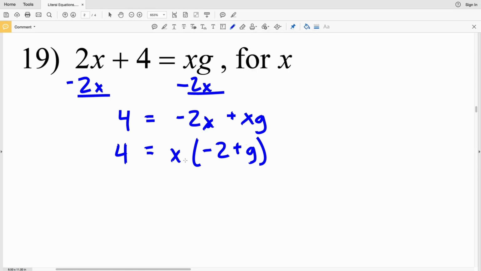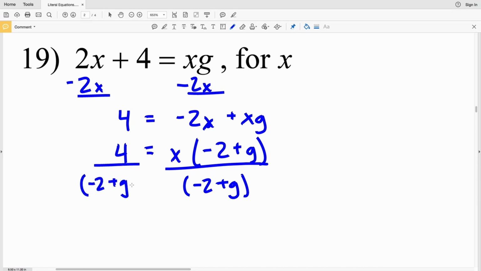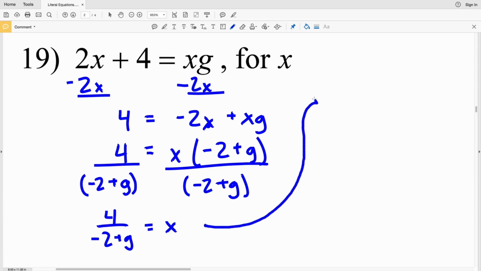Now remember, we're isolating that x, so we're going to divide by negative 2 plus g. This will leave us with 4 over negative 2 plus g equals x. Another way we could write this, we can go ahead and flip the equation to say x equals 4 over negative 2 plus g.